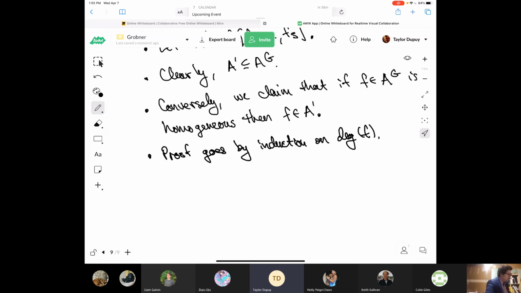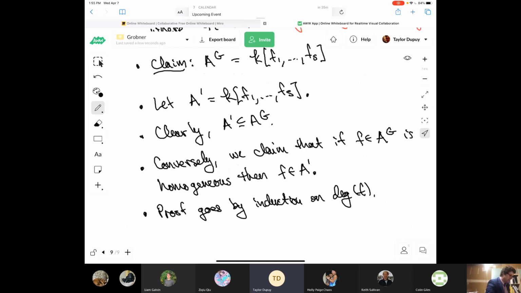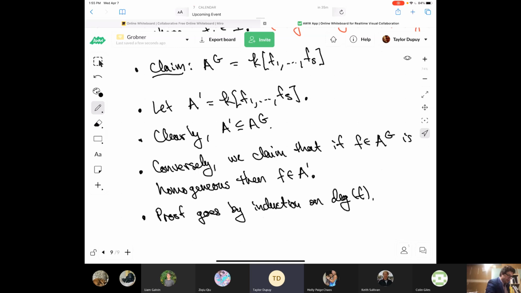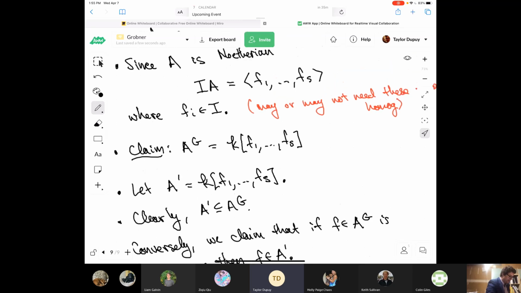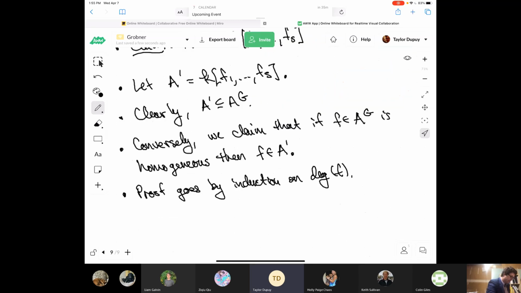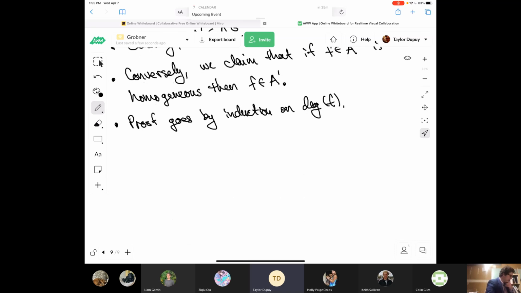We need to show that this f is in this ring. We're supposing that it's homogeneous and invariant, and we need to show that it's in this ring generated by these f's, which in the setup are the generators of this ideal. The base case is easy.